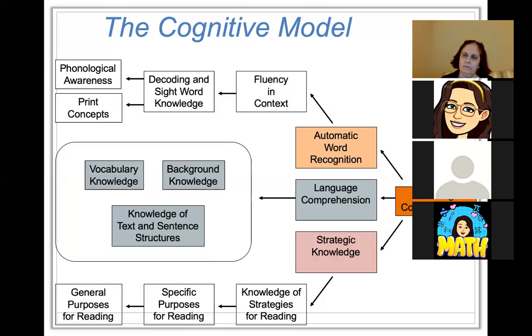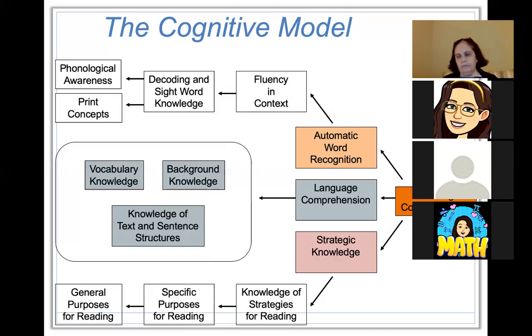So you may have a general purpose, but you also need to be able to identify the specific purposes for reading, and then apply strategies that will help you be a reader. So when we're thinking of strategies, and again, we have sessions on reading comprehension, we need perhaps to be looking into the students' application of specific strategies instead of teaching students a strategy to comprehend.